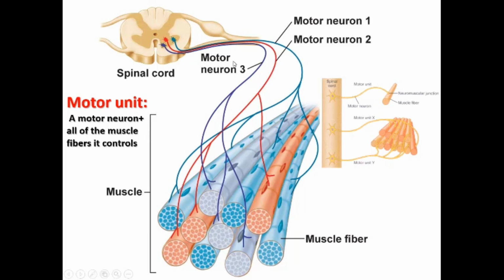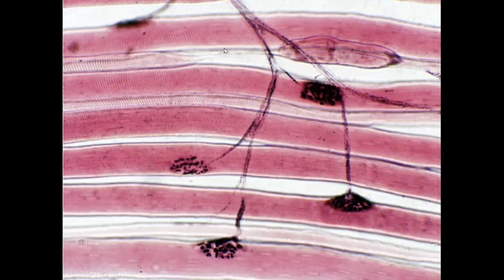So we can say we have 3 motor units here. A motor unit with a few muscle fibers creates precise movement, and a motor unit with a lot of muscle fibers creates coarse movement.